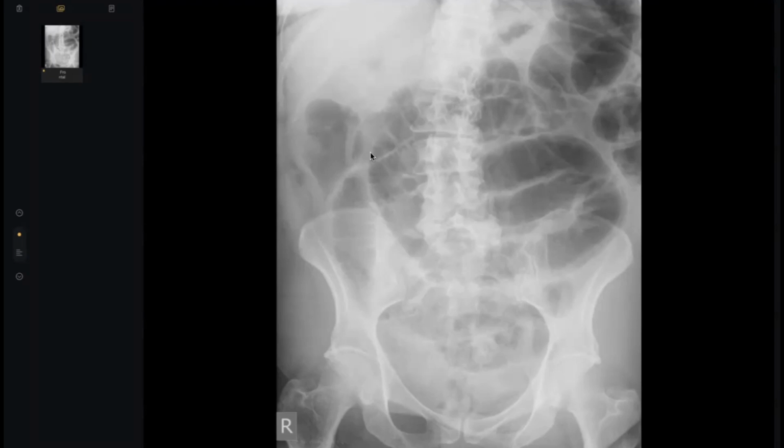Doctor, look at this. Is this a regular sign or not? This one, very obvious, sharp, pencil-like. Yes, sir, this is a regular sign, very difficult, by the way.